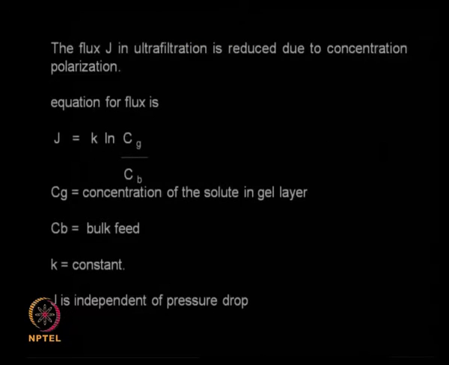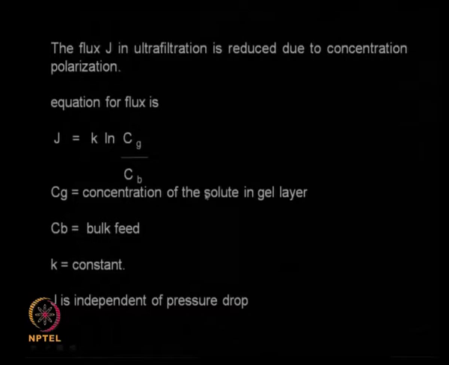Now in ultrafiltration, the flux is based on the concentration polarization. So there is going to be a build up of solute concentration on the upstream side. Because of that, the flow of the solute is getting disturbed, and if you remember, a couple of classes back I talked about concentration polarization and an equation for the flux, J equal to K logarithm Cg by Cb.